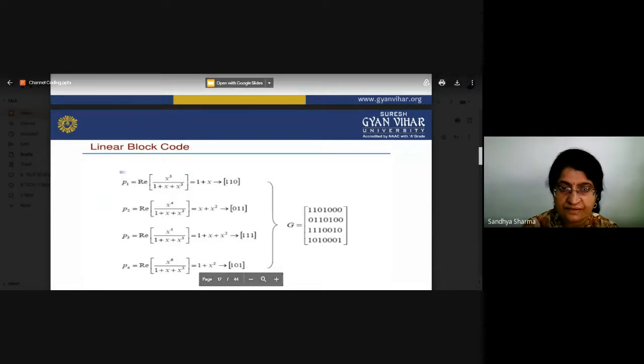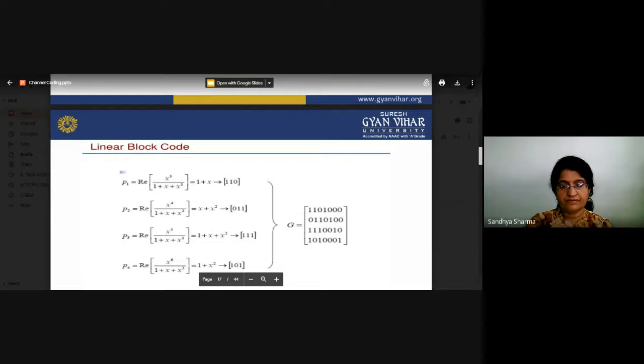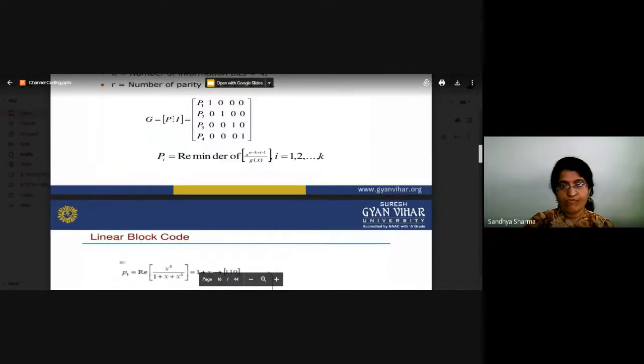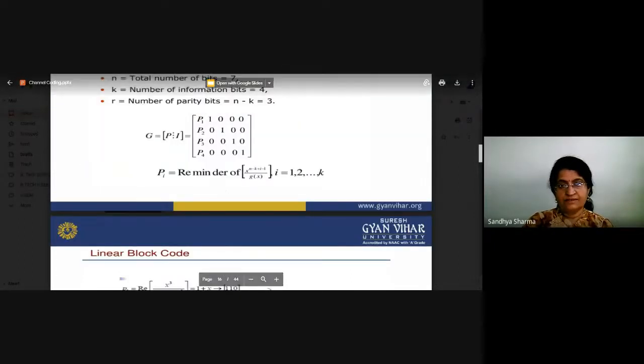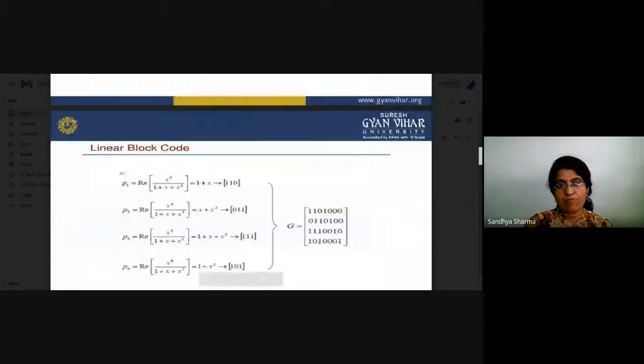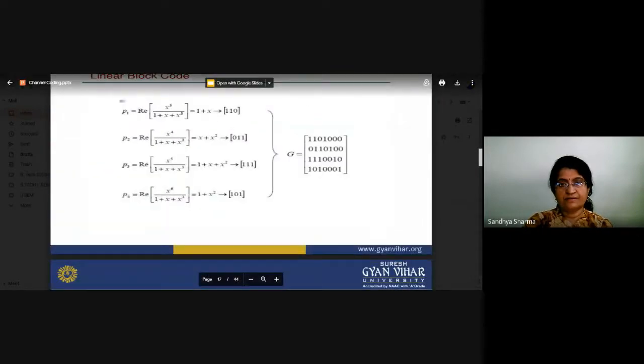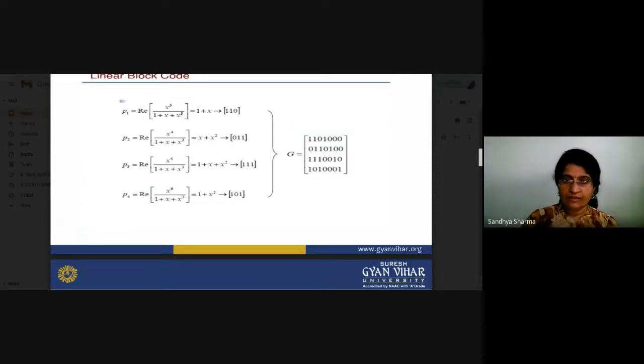After dividing, you can find out your remainders. P1 is equal to x to the power n minus k plus i minus 1. So P1, P2, P3 you can calculate from this, and after dividing with g(x) you can find the remainder.